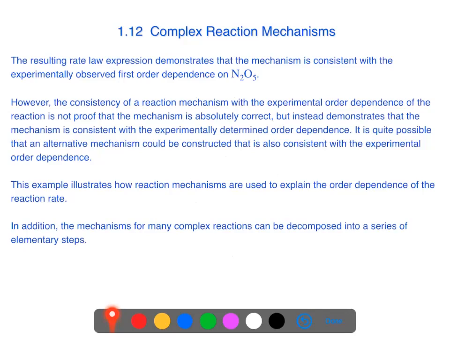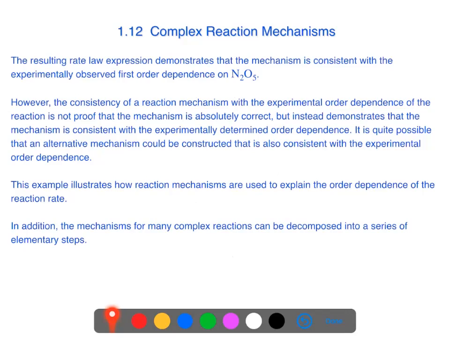So the resulting rate law expression for the decomposition of N2O5 demonstrates that the mechanism is consistent with the experimentally observed first order dependence on N2O5. However, the consistency of a reaction mechanism with the experimental order dependence of the reaction is not proof that the mechanism is absolutely correct, but instead demonstrates that the mechanism is consistent with the experimentally determined order dependence.